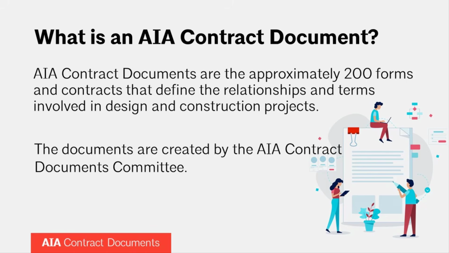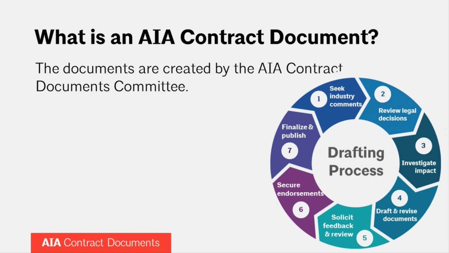These contracts are created, drafted and revised by the AIA Contract Documents Committee. Now, that committee is comprised of 35 members who are experts and have a wide range of backgrounds. They have backgrounds in design, construction, law, and insurance, anything relating to these AIA contract documents.